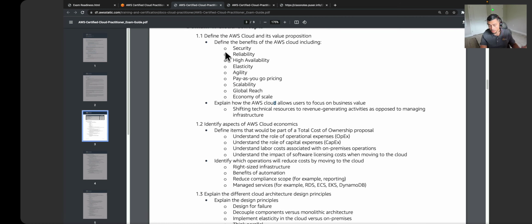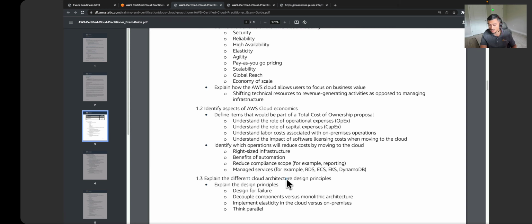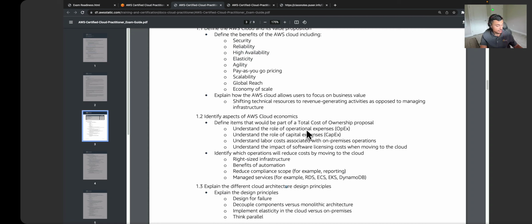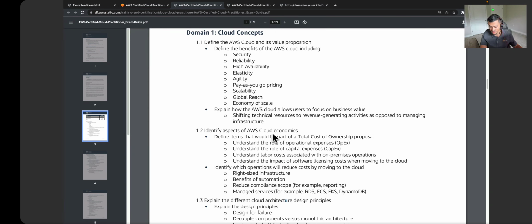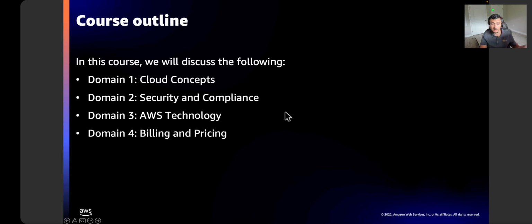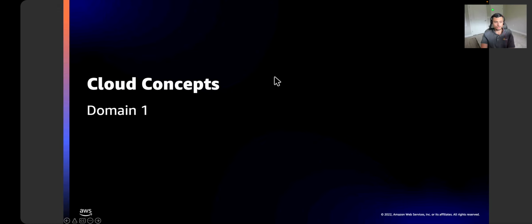So domain 1 would cover defining the cloud and its value proposition, as well as identifying aspects of cloud economics and explaining the different cloud architecture design principles, right? So use this as a sort of resource for you to verify your readiness for the test. With that said, let's jump into the first domain, which is on cloud concepts.